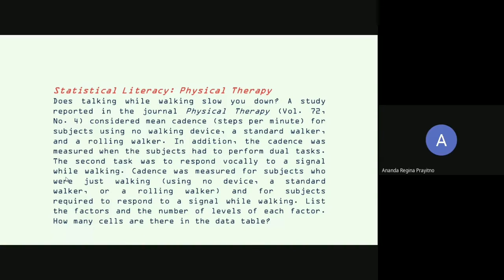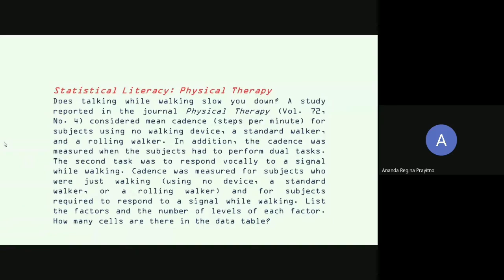Okay. For the first exercise, statistical literacy, physical therapy. Does talking while walking slow you down? A study reported in the journal Physical Therapy considered mean cadence, steps per minute, for subjects using no walking device, a standard walker, and a rolling walker. In addition, the cadence was measured when the subjects had to perform dual tasks.